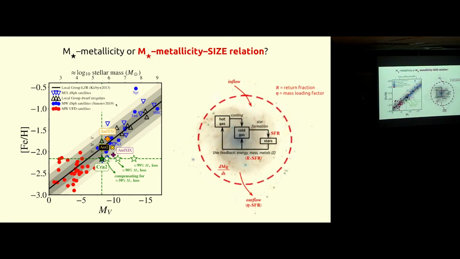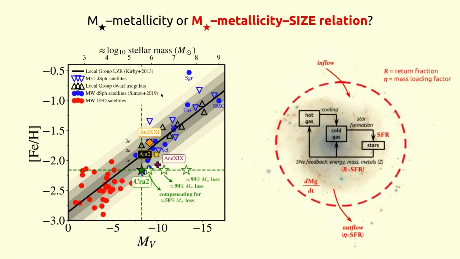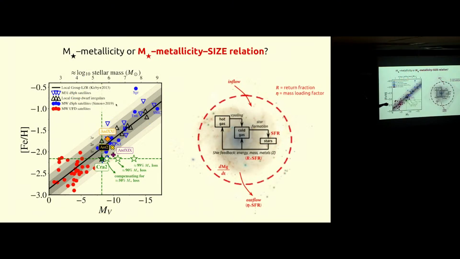If you think about a galaxy that is evolving within this dashed red line, like in those gas regulator models that we learn in grad school, you have some inflow of gas, some accretion rate of gas into your galaxy. This could be controlled by the cosmological merger trees or something.